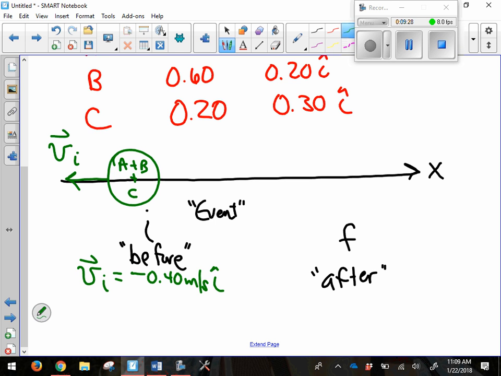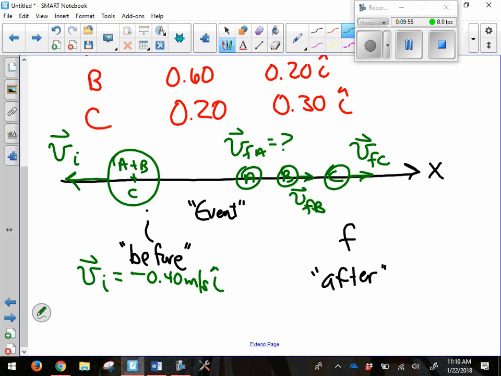And I know what objects B and C are doing, right? Which direction are objects B and C moving in? Okay, so I'm going to put object C in front because it's moving faster. Then I've got object B, and then object A. But I have no idea what object A is doing.